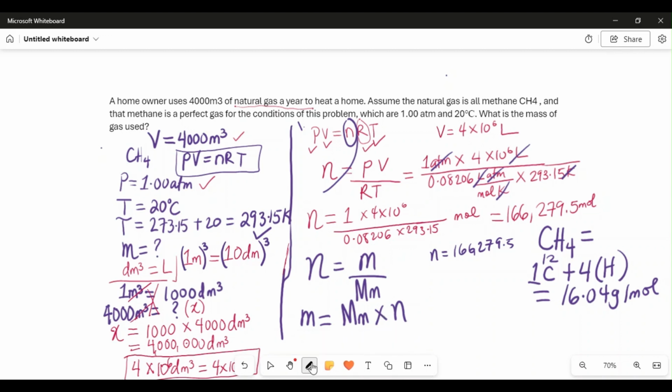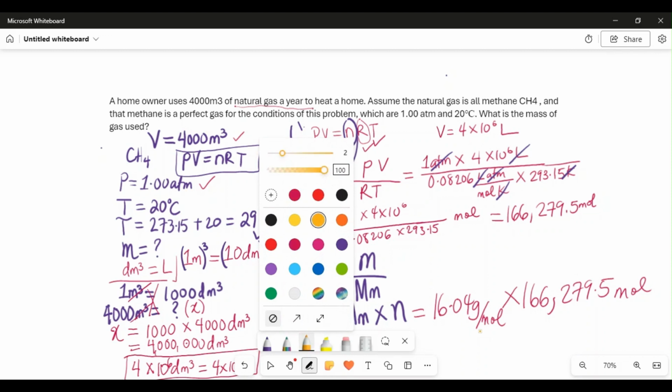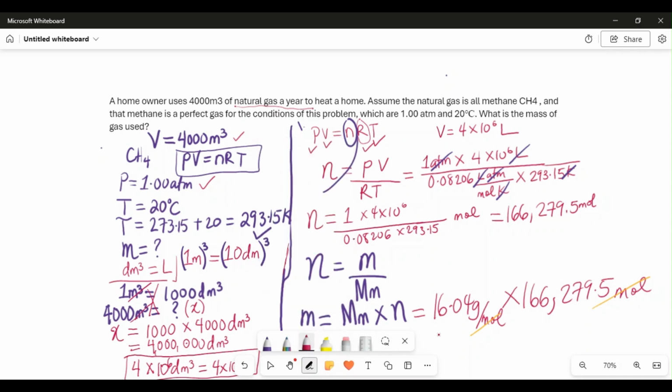So we multiply 16.04 gram per mole times the number of moles, 166,279.5 mole. We cancel out the mole, and we end up with 16.04 times 166,279.5.